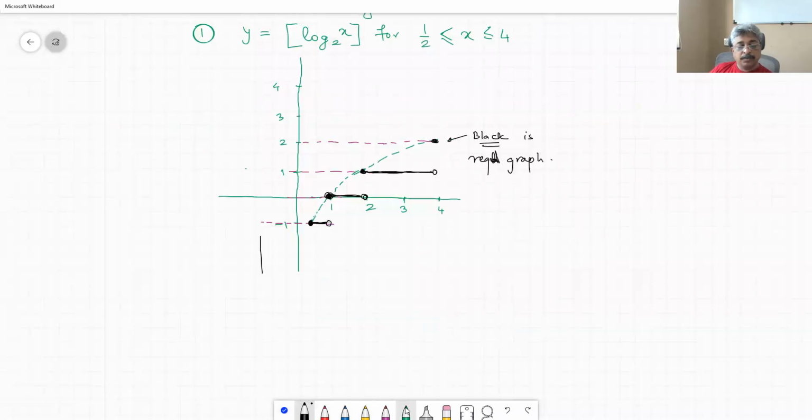y is equal to greatest integer of 2 cos x between 0 to pi.